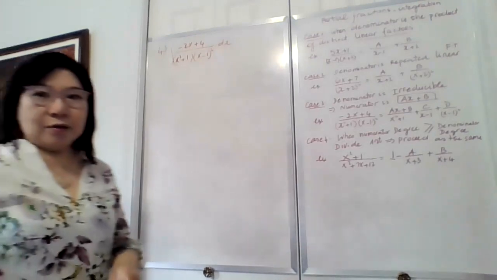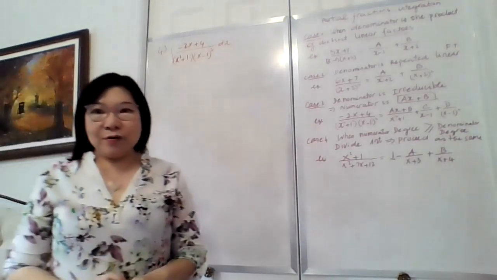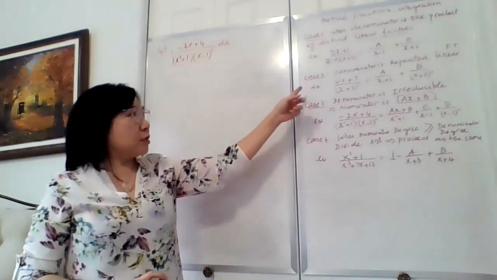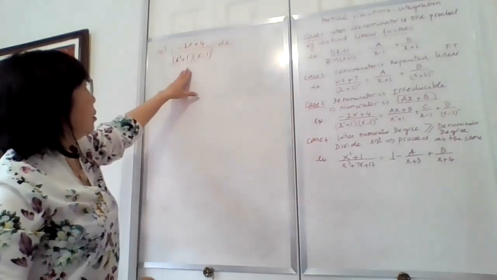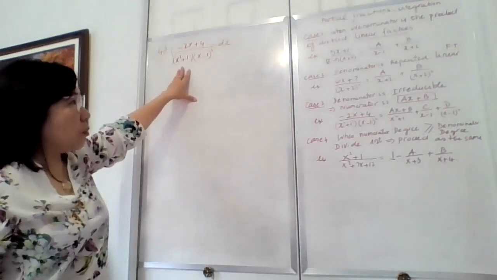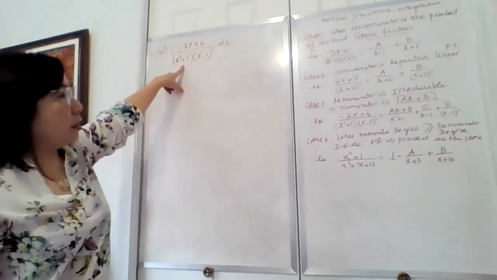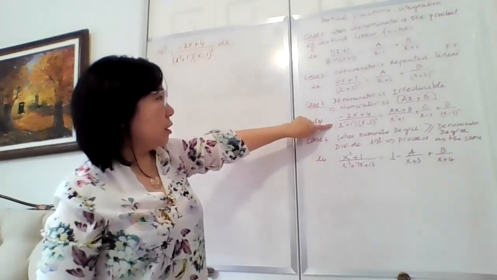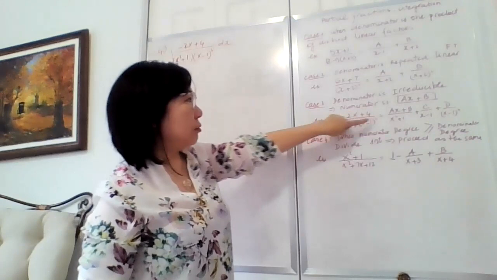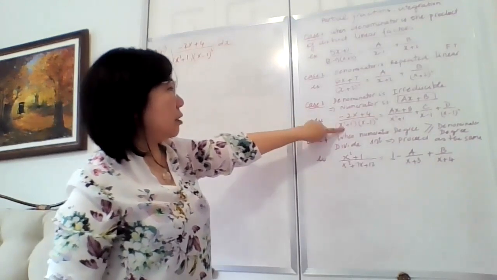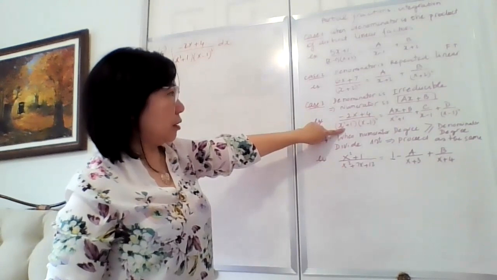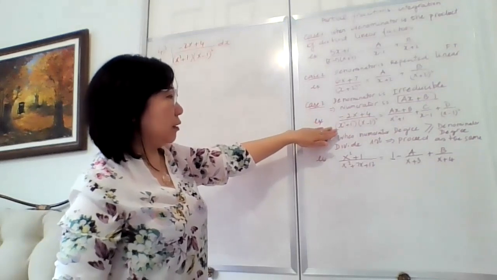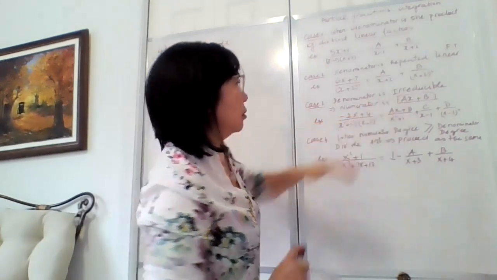Okay, so look at the fourth example. What do you think we're going to use? Do we use case 1 or case 2 or case 3 or case 4? We do have an irreducible factor, which is this one right here. I already showed you here. So this is how we're going to break this down, because we have an irreducible factor in the denominator. When we have an irreducible factor like this, we're going to use this expression for the first.